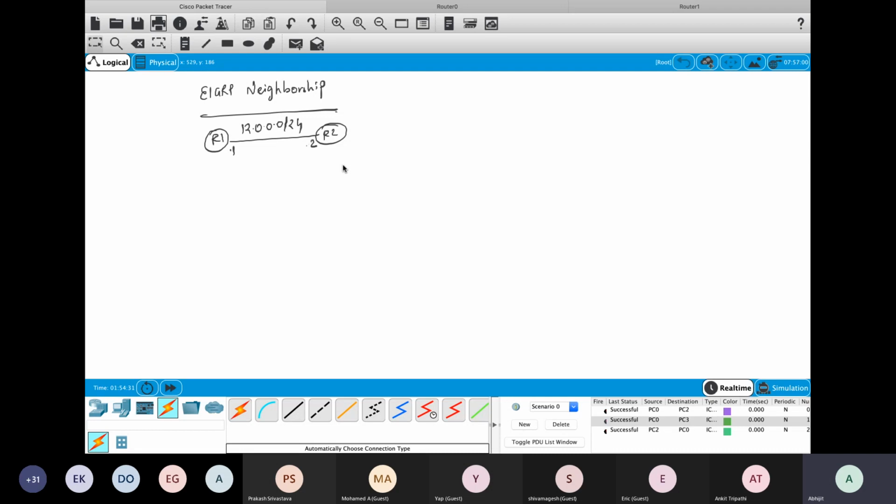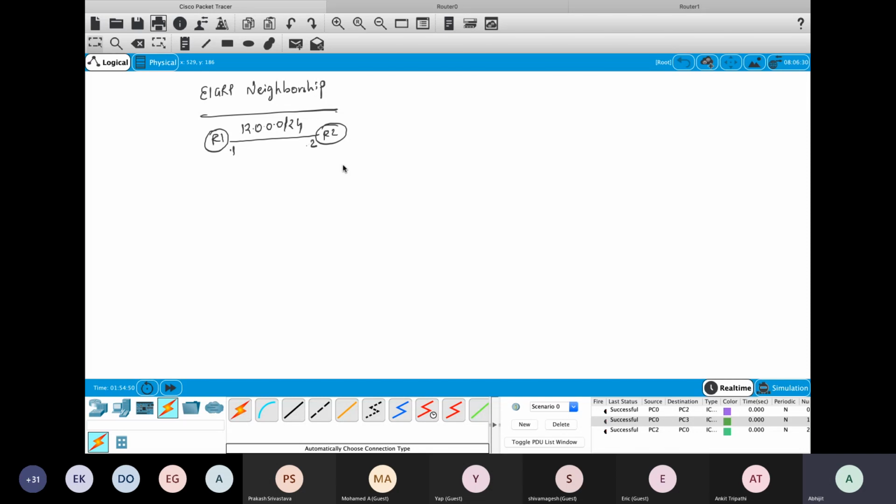Whenever you have two routers that are creating an EIGRP neighborship, they go through a series of processes in order to become EIGRP neighbors. Make sense? It starts after configuring EIGRP on the router.